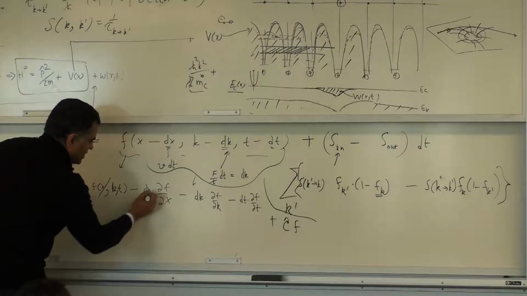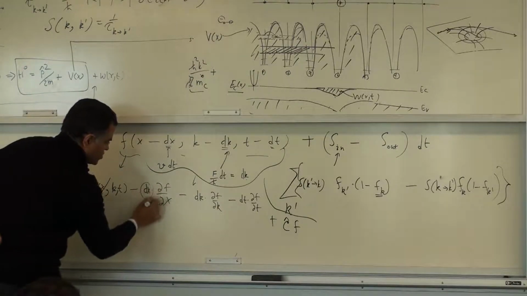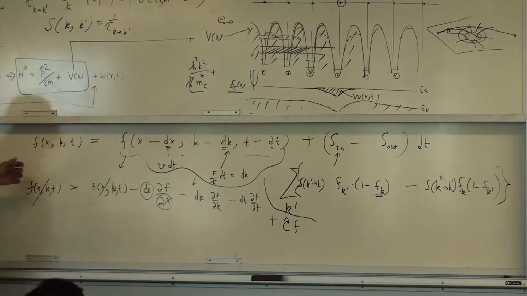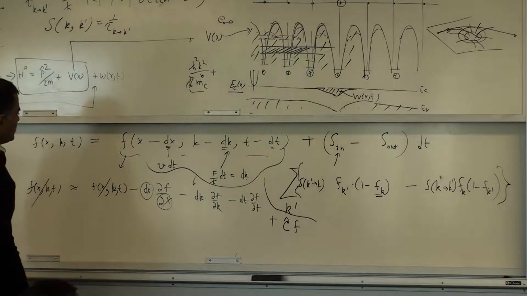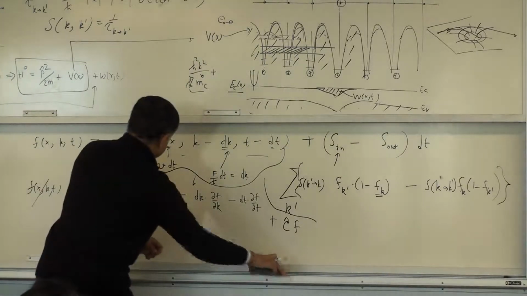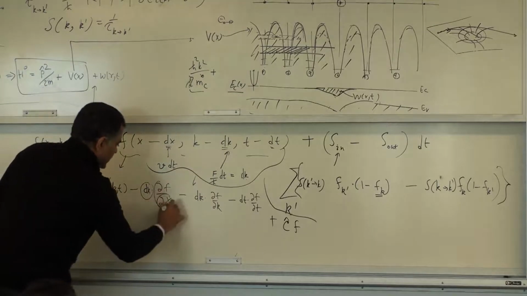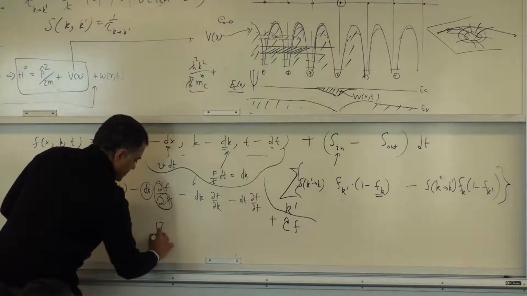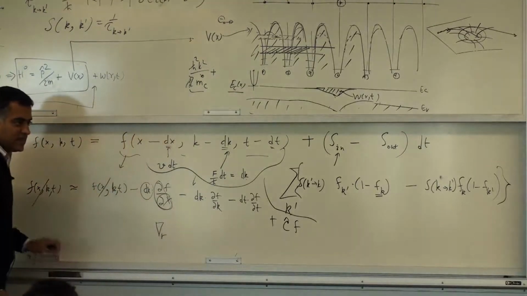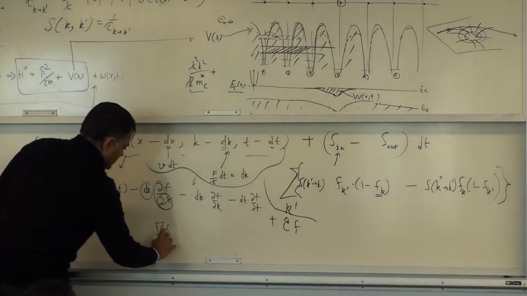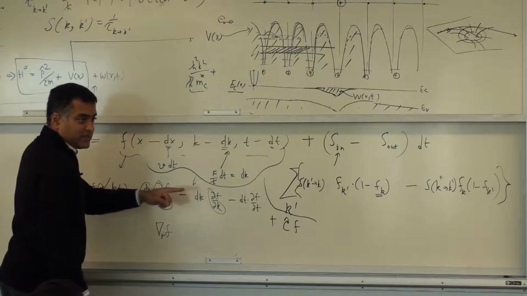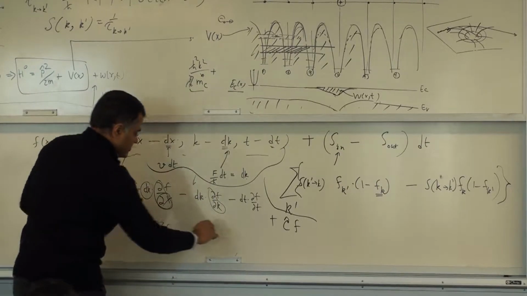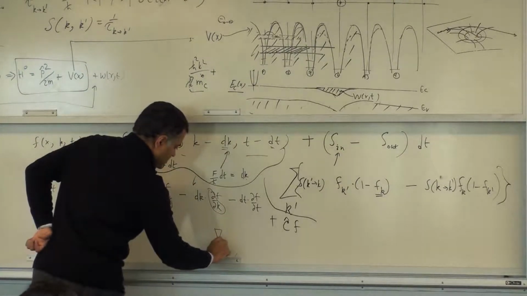What we'll do is generalize it a little bit. Instead of writing it in one dimension, we can write it in higher dimensions, 3D, for example. In which case the d over dx will become a gradient in real space of f. D over dk will become a gradient, but in k space, of the distribution function, right?